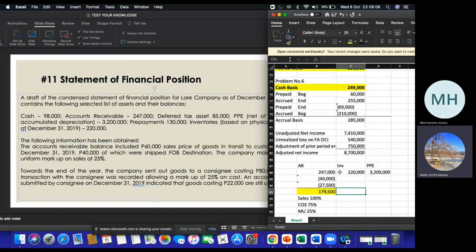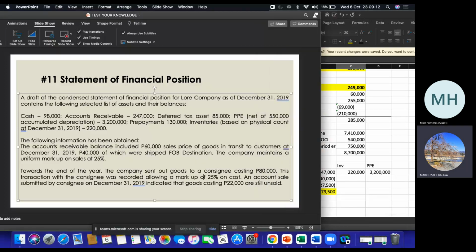Pagdating sa inventory naman, ang inventory natin, di ba, meron tayong this one, syempre itong 22, dagdag natin as inventory natin. Right? Okay, pagdating din dito, idadagdag din natin. Magkano yung 75% nung 40,000 natin? 'Di ba? 30.